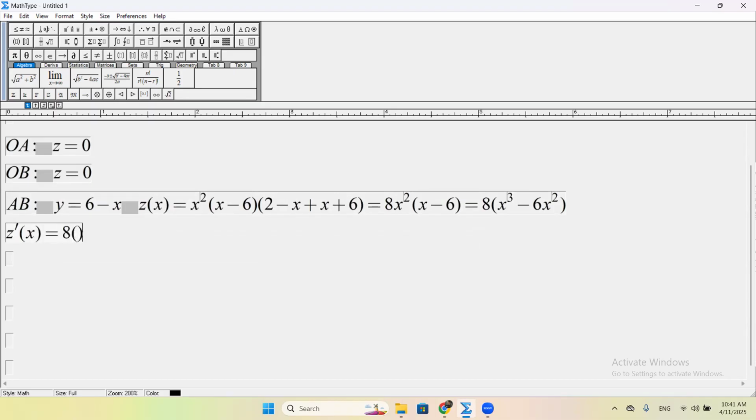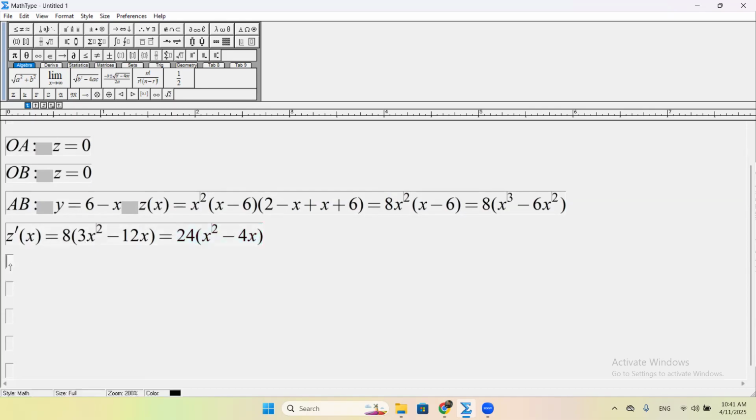So 8 by 3x squared minus 12x. And let's move 3 out of brackets. So 24 by x squared minus 4x. So now everything is correct here.